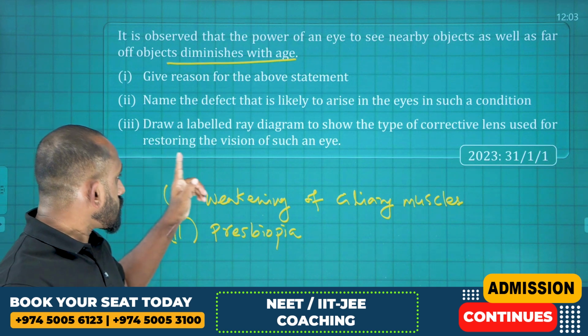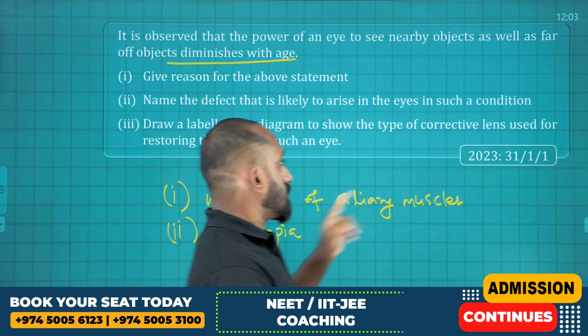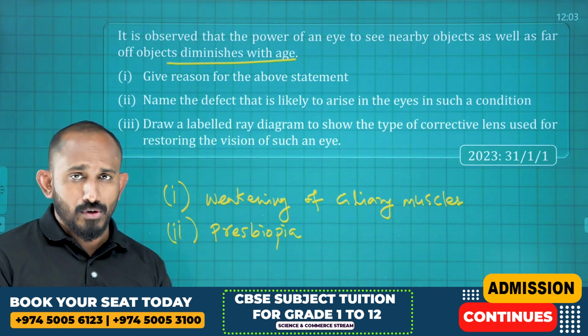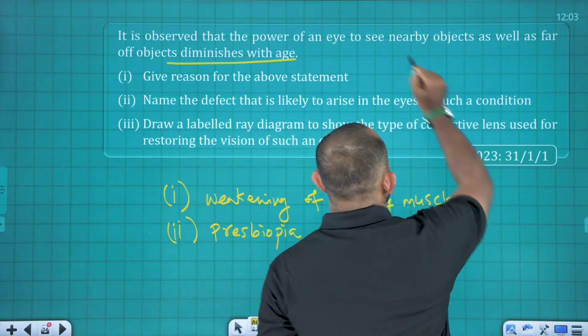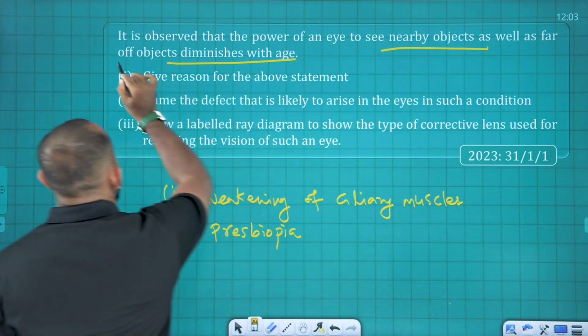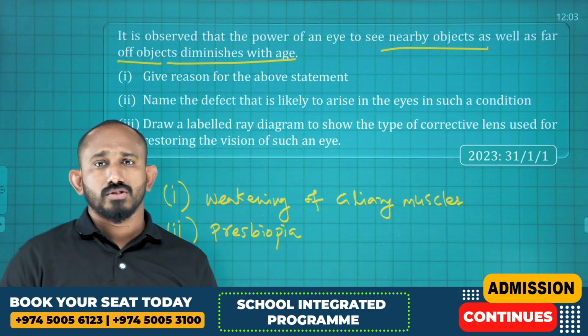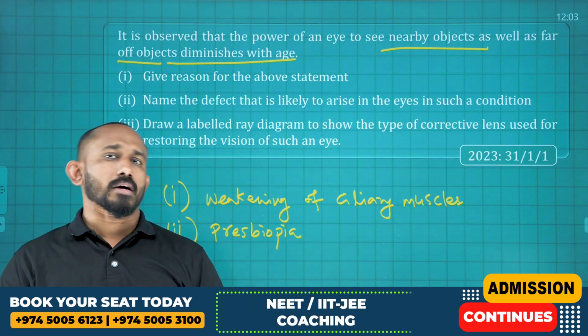3. Draw a labelled diagram to show the type of corrective lenses used for restoring the vision of such an eye. So here, the power of the eye to see nearby objects as well as far off objects is given. So for that, you have to show 2 diagrams: myopia correction and hypermetropia correction.